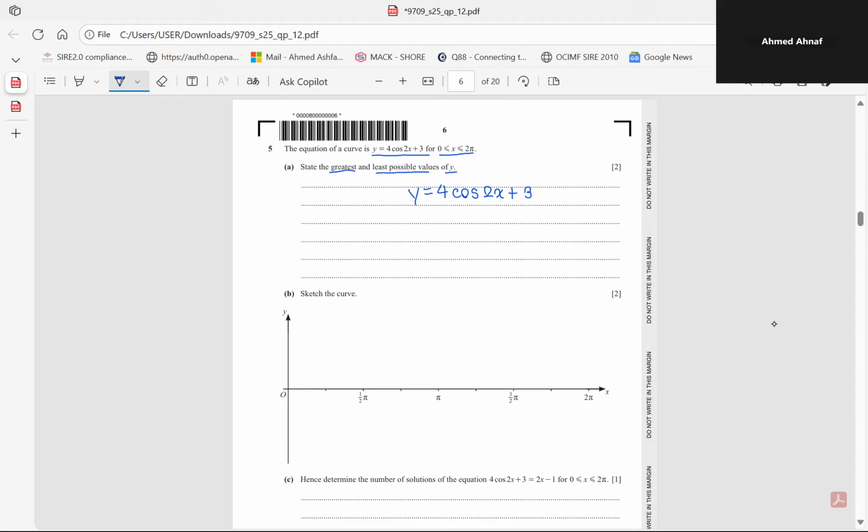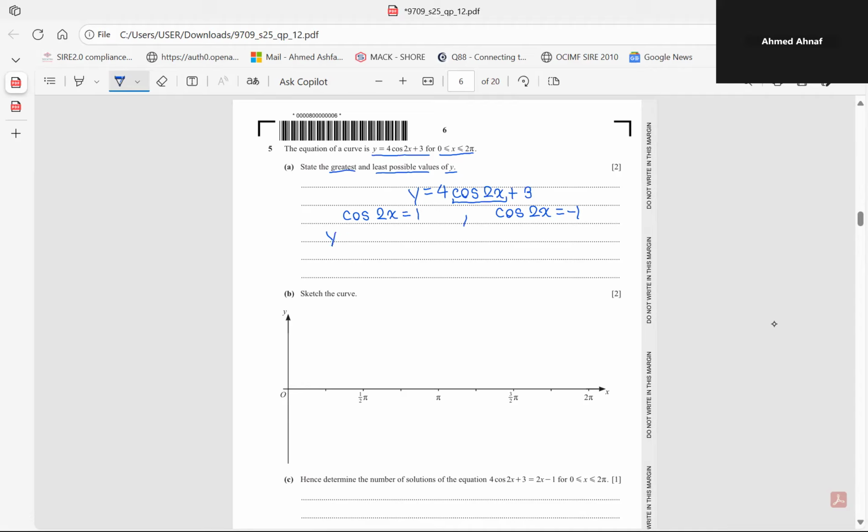So in order to know the greatest and the least possible values of y, we have to know what are the greatest and least possible values of cosine 2x. So as we know, the maximum value of cosine 2x is equal to 1, and the minimum value is minus 1.